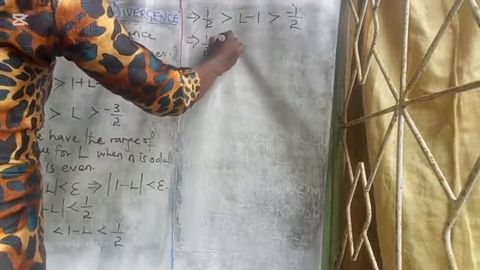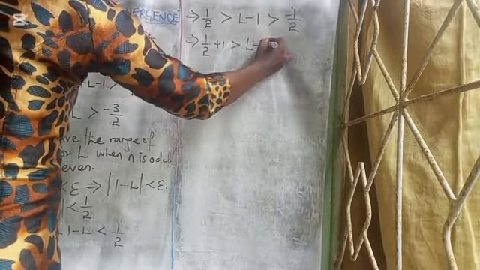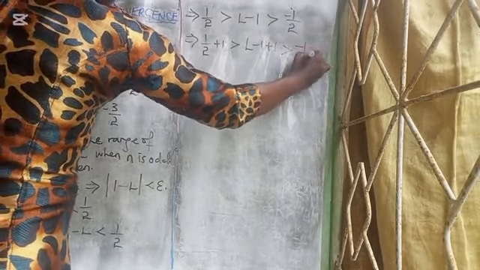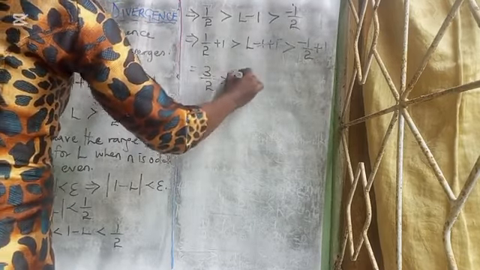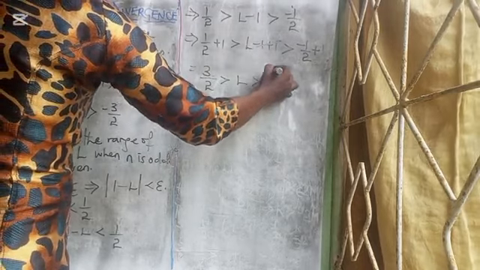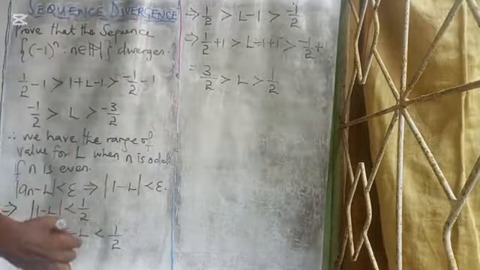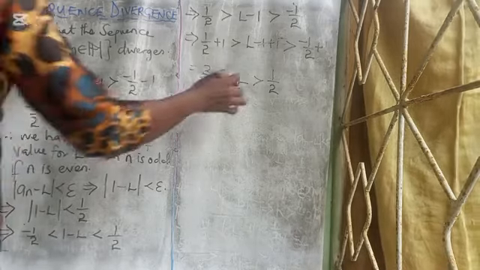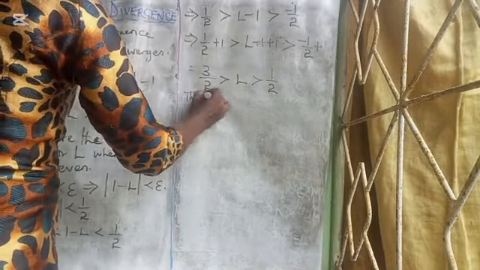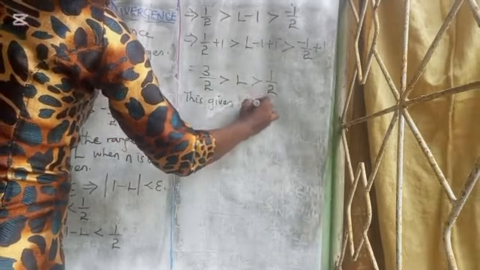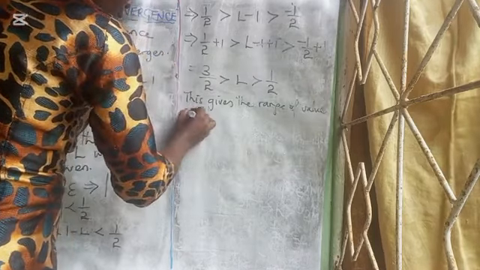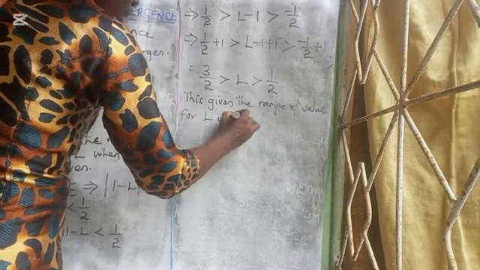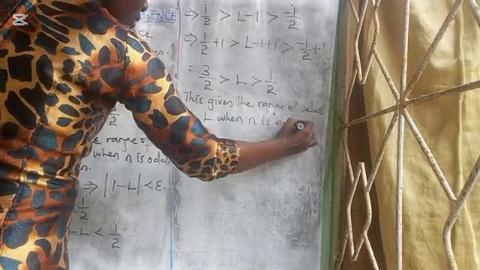That gives us 1 over 2 plus 1, greater than L minus 1 plus 1, greater than minus 1 over 2 plus 1. So we have 3 over 2 to be greater than L to be greater than 1 over 2. Again, this gives us the range of value for N when N is even.